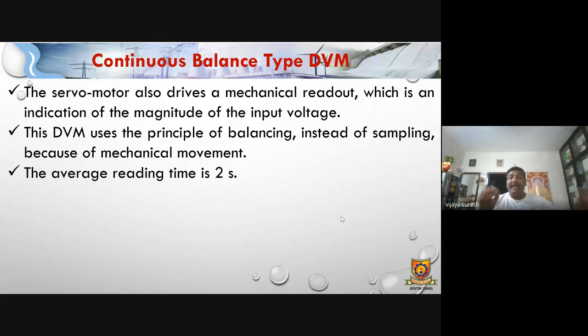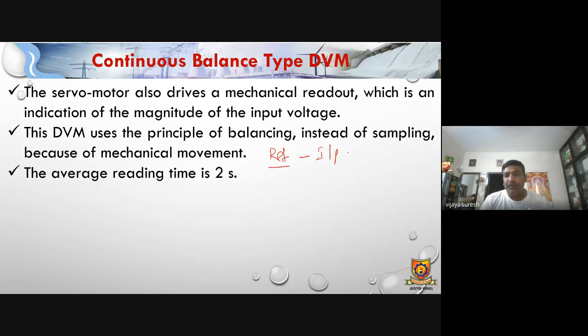So mechanical movement has to take place, and for that it will take certain time to finally match with the input voltage.